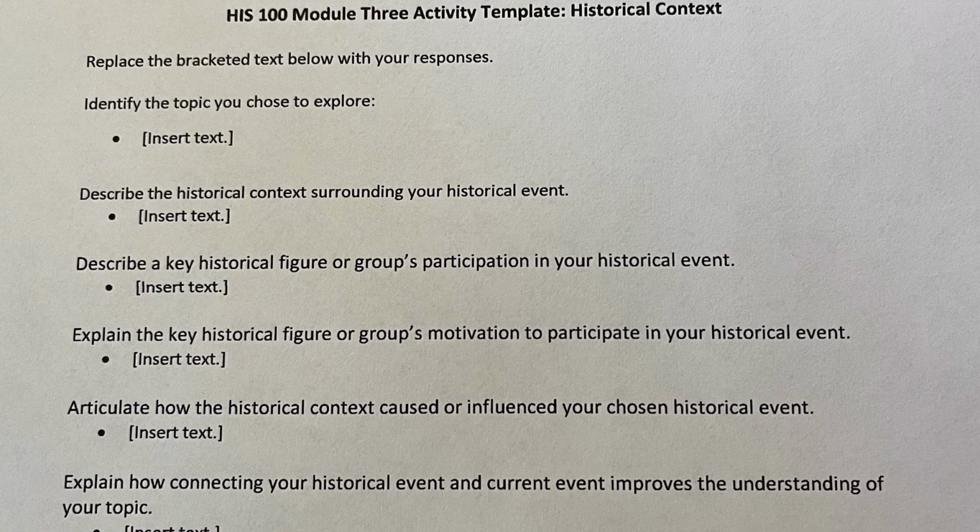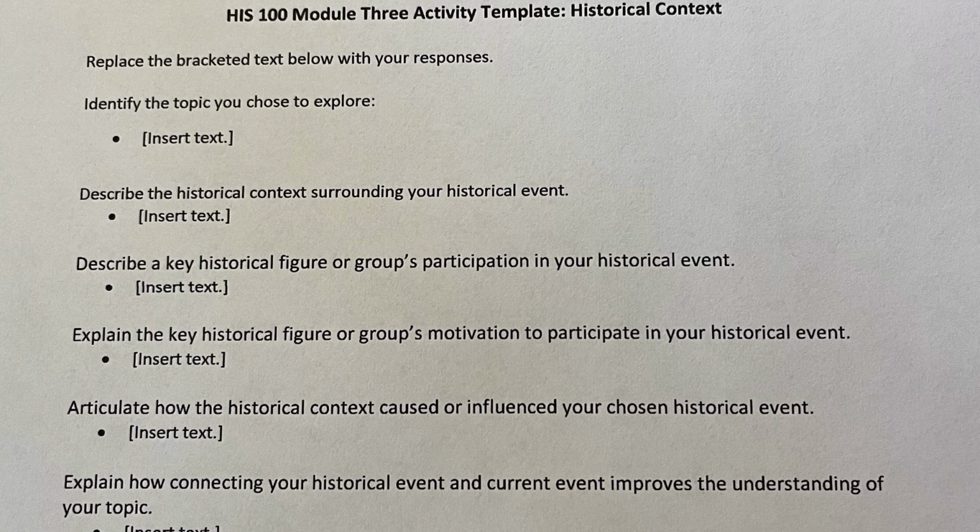All right. That third prompt asks you about a historical figure or group's participation in your event. That's for you to choose, and as you are reading widely this week about your event, I'm sure you'll come across a figure or a group. And then that last prompt asks you about a current event.